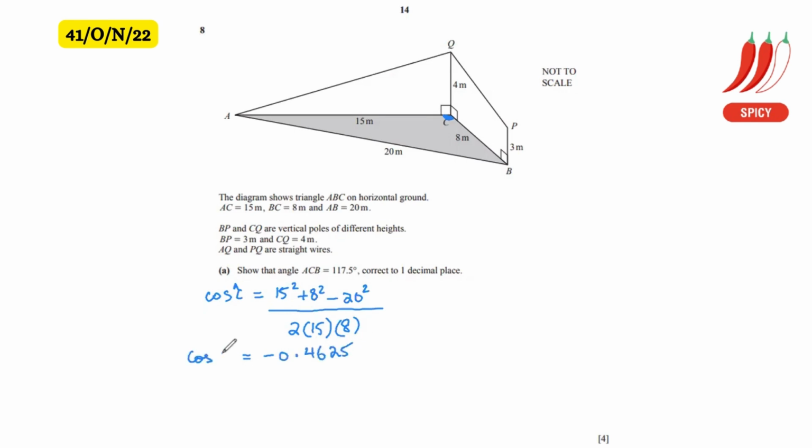And now we take cos inverse of that, and that's going to give us 117.5 degrees, which is exactly what the question was asking us to show.